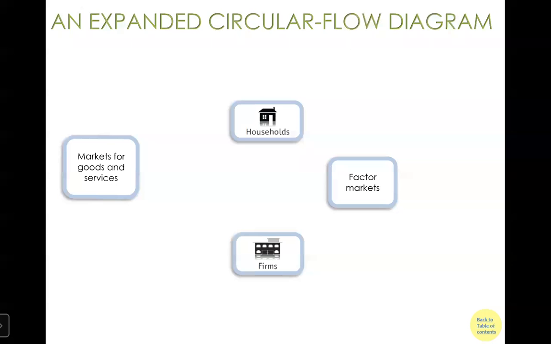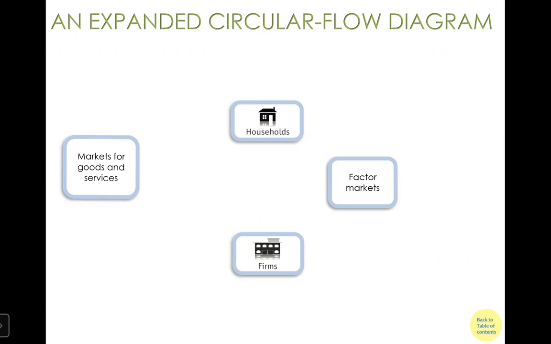All right, so now we are ready to look at our macro economy. We are going to use a bird's eye view. We are going to fly very high above the earth and look at our macro economy.